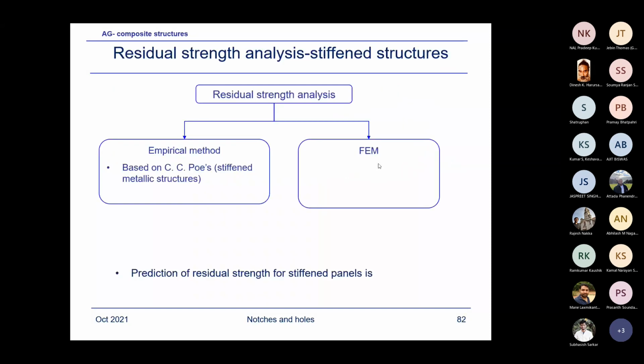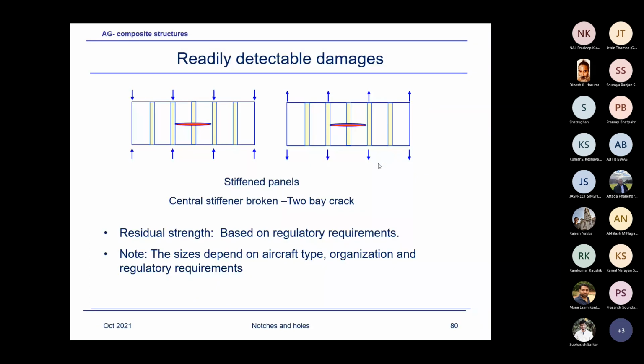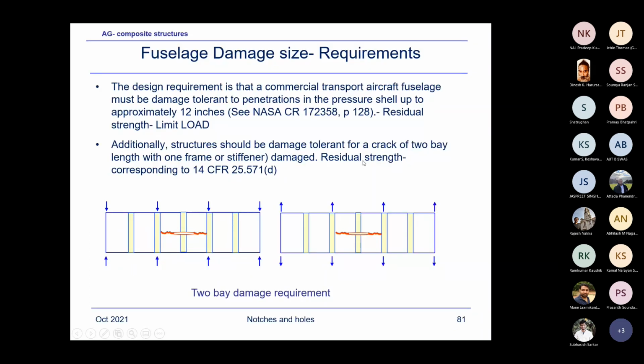Here, the design requirement is that for a commercial transport aircraft, the fuselage must be damage tolerant to penetration in the pressure shell up to approximately 12 inches. This is one criterion, and there's a strength limit to limit load.